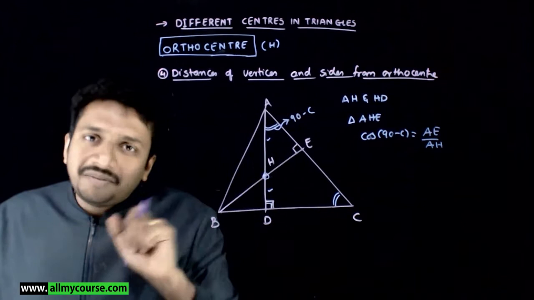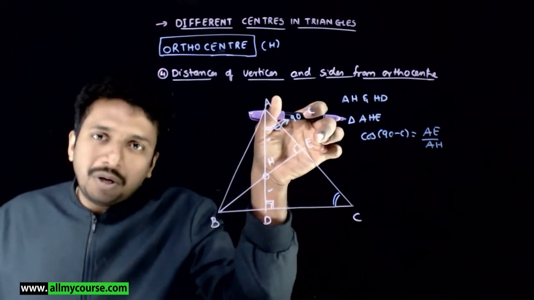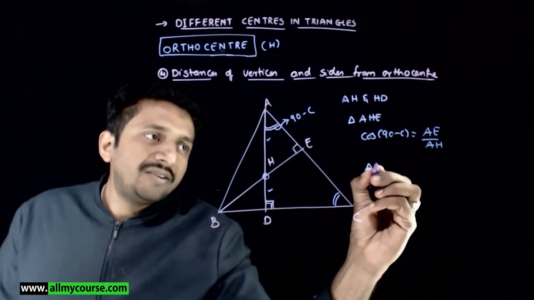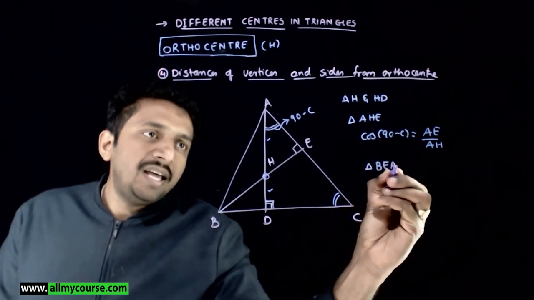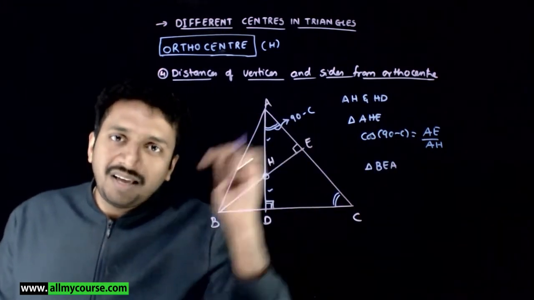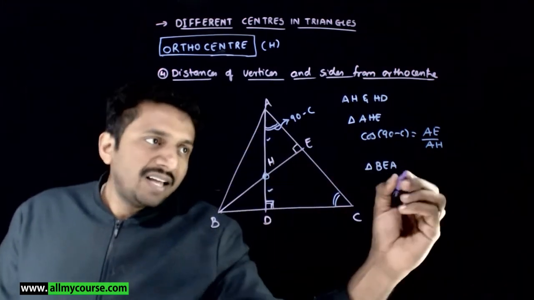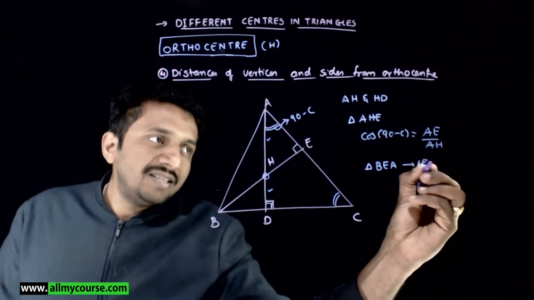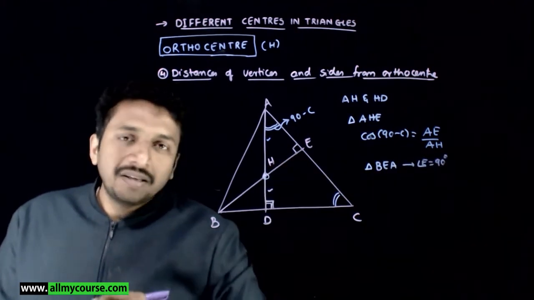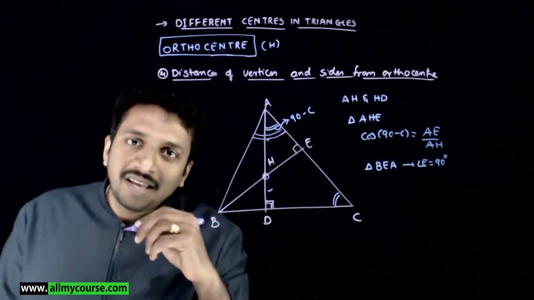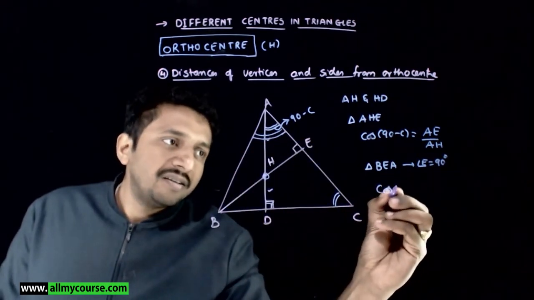Now what is AE? AE can be found out from the triangle BEA. In triangle BEA, which is a right angle triangle, angle E is equal to 90 degrees. Now if you take this total angle A, what is cos A?